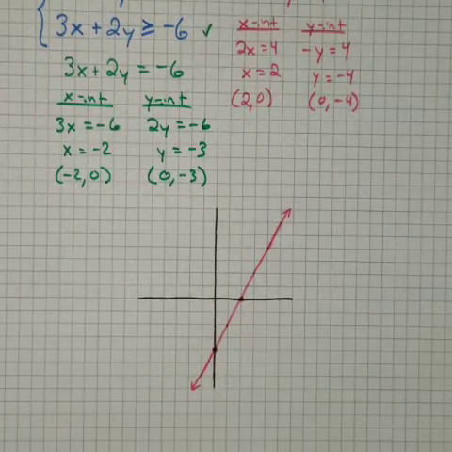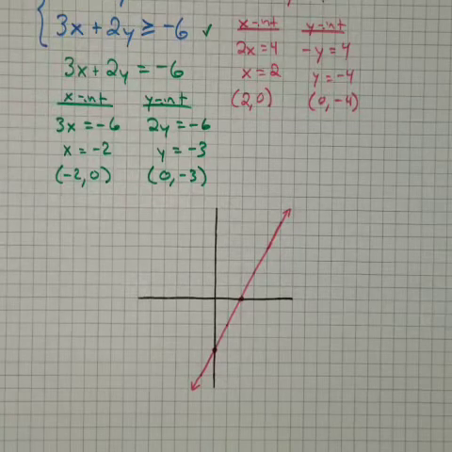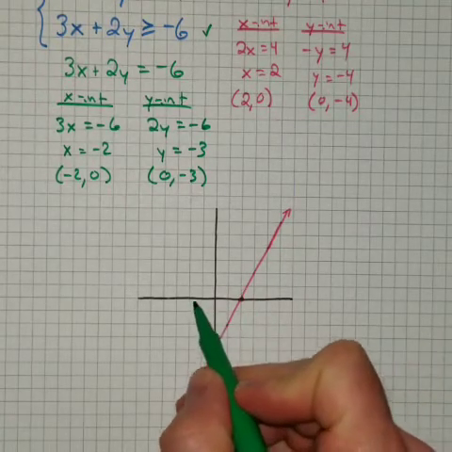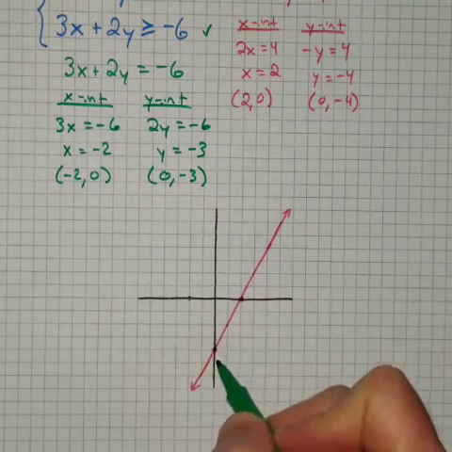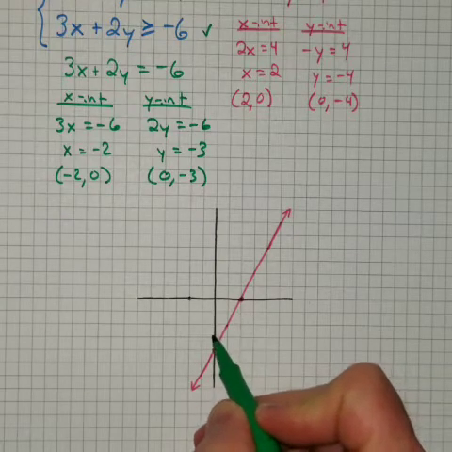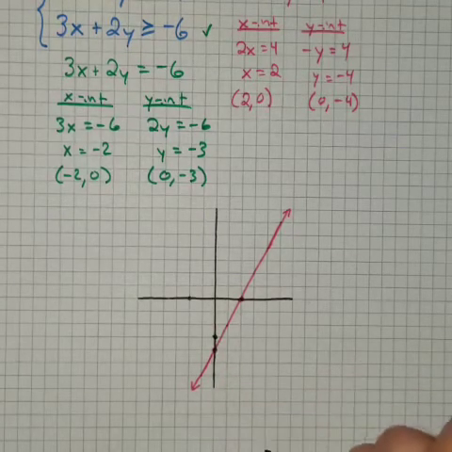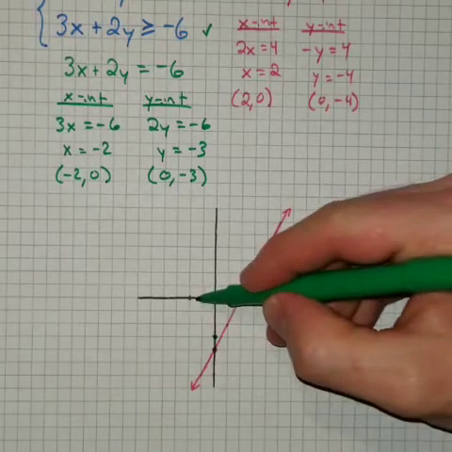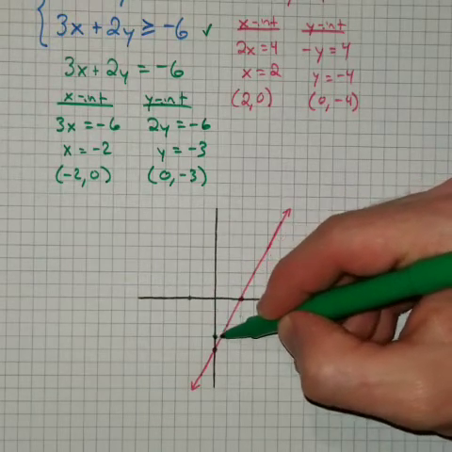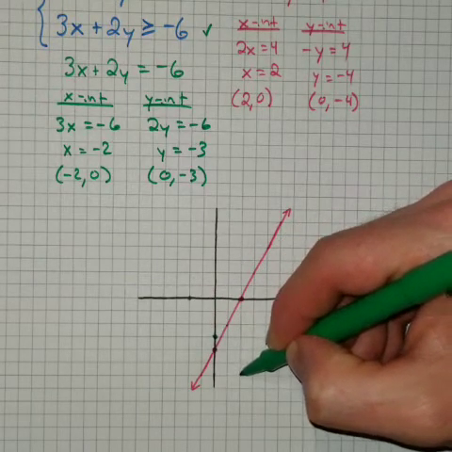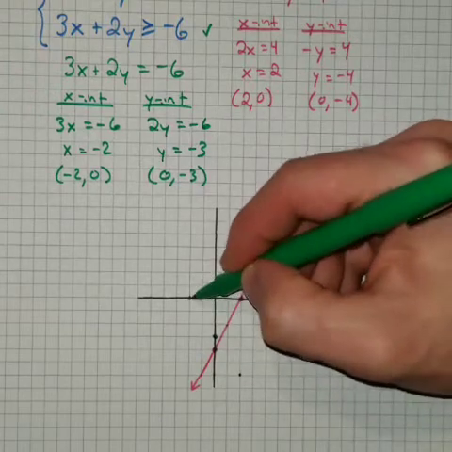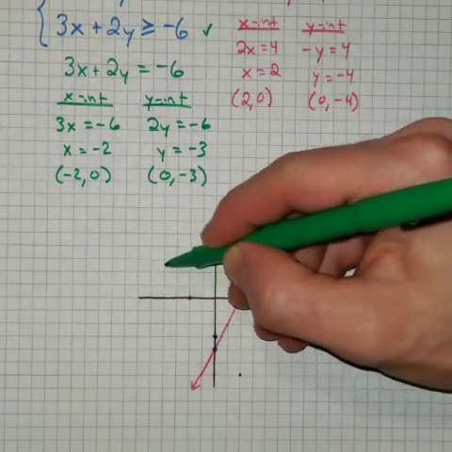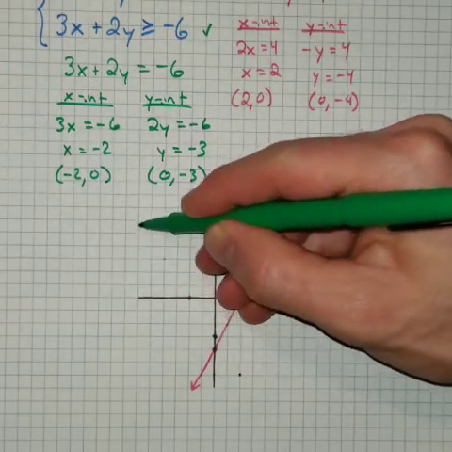And then let's do the green graph. Negative 2 in the x direction and negative 3 in the y. And then we plot that: over 2, down 3, over 2, down 3, over 2, up 3, over 2, up 3.